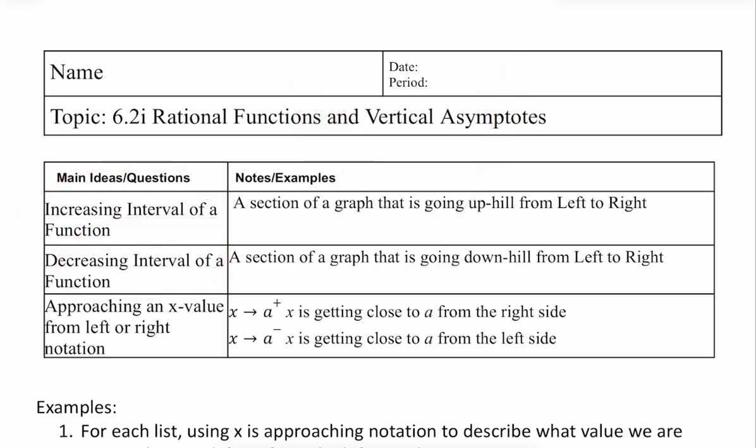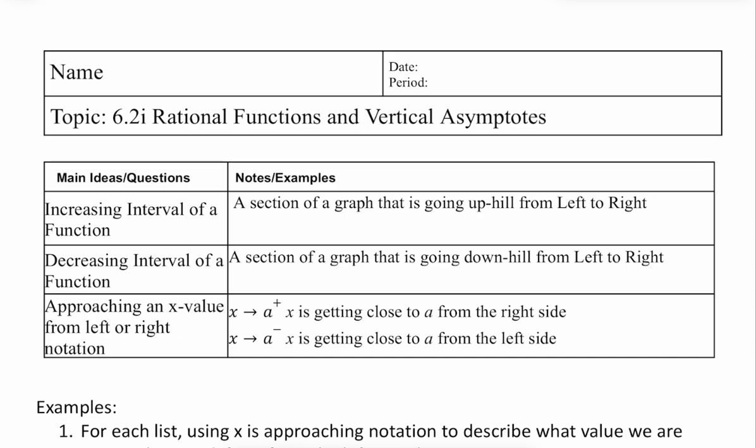So for an increasing or decreasing function, the height is increasing from left to right, or the height is decreasing from left to right. So that's what that terminology is talking about. Let's think about all the terminology we use when we look at the graph.